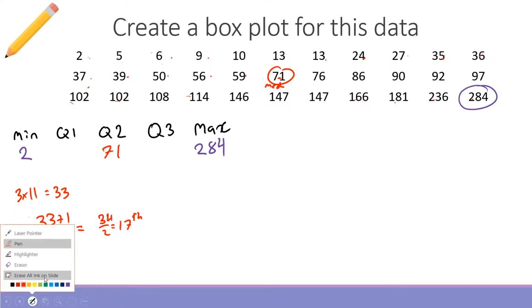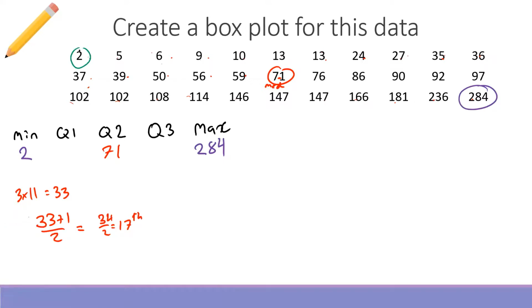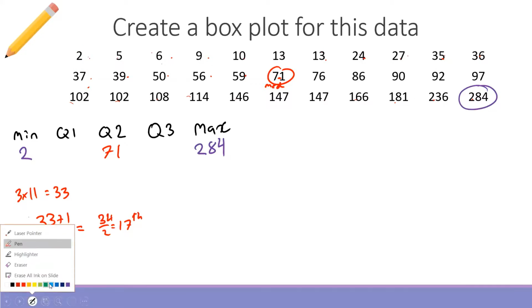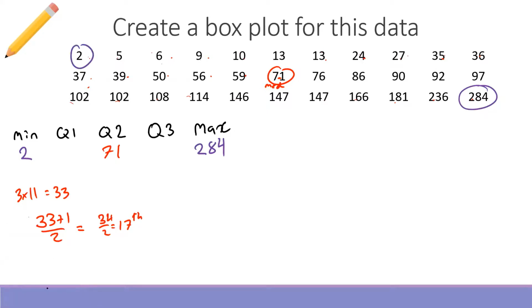Now, the next thing we're going to do is calculate our lower quartile. Our lower quartile is finding the median of the lower half. We're obviously not going to include 71 because that's the median.